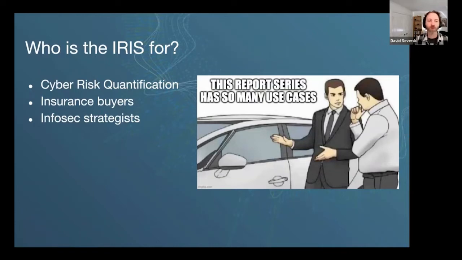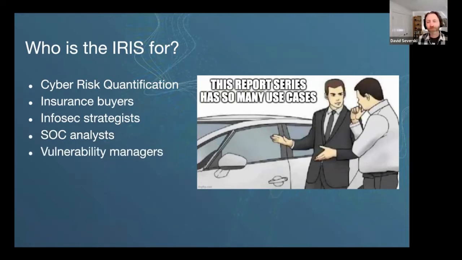That can also help you as well. SOC analysts, again, a very close parallel to security strategists, but on a more tactical level, what types of malware, et cetera, and campaigns you need to be worried about. IRIS has your back on that as well. Vulnerability managers, of course, saying which vulnerabilities have been most common in these data sets, GRC professionals out there, and so many more.